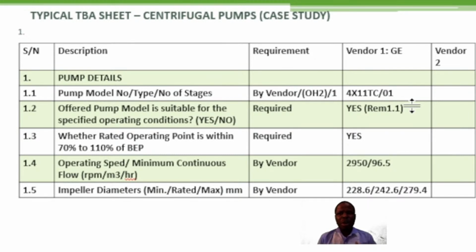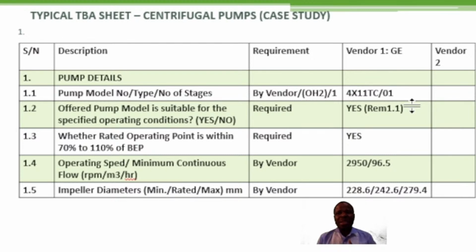So for this pump model offer, it is important that it shall be from the existing pump model series, and shall be from the regular manufacturing range of the vendor. So these are the things that you will need to check. You have a list of description that you have written. Now you will check this list of description with respect to the vendor.